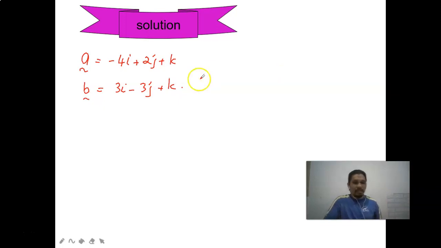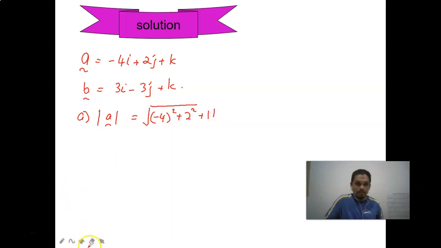So then, the first question: find the absolute value of A, which means we are going to come up with this formula: negative 4 square plus 2 square plus 1 square.